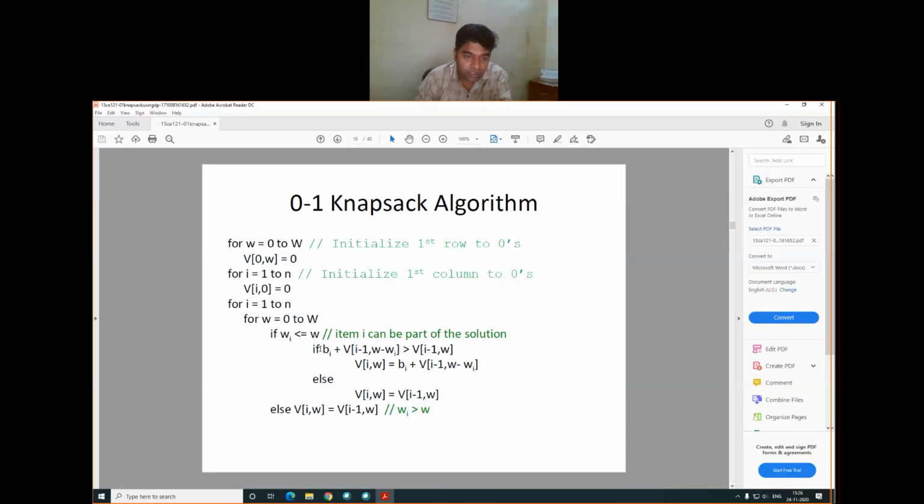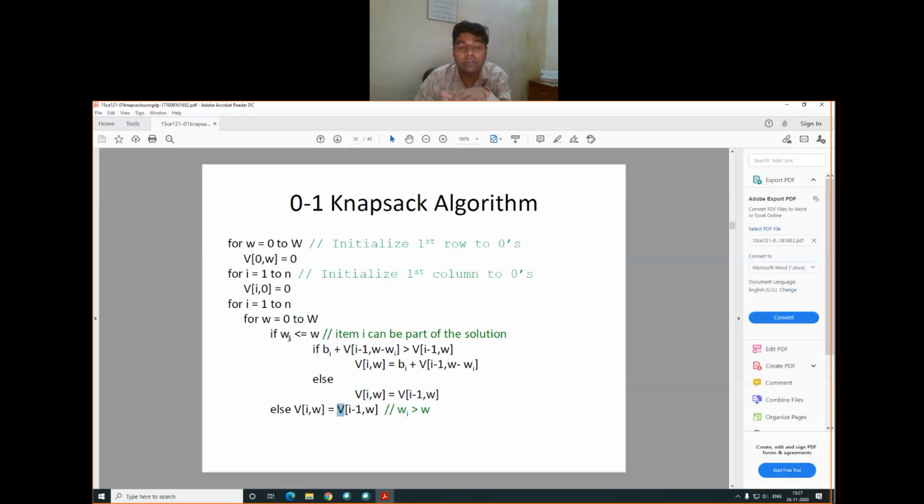Else, if this condition is not satisfied, then what is the value of V of I, W? If the condition holds, V of I, W contains that value. If not, the else part applies: V of I, W contains V of I minus 1, W. And if item I cannot be a part of the solution, then V of I, W is equal to V of I minus 1, W. What is the meaning of this?